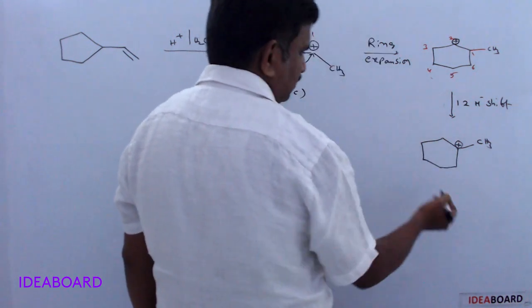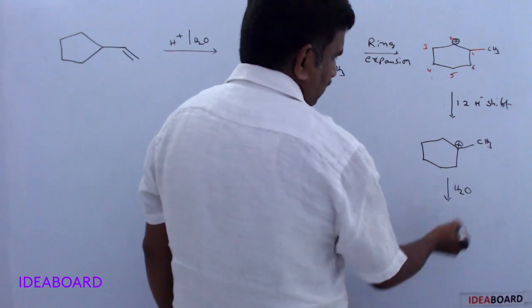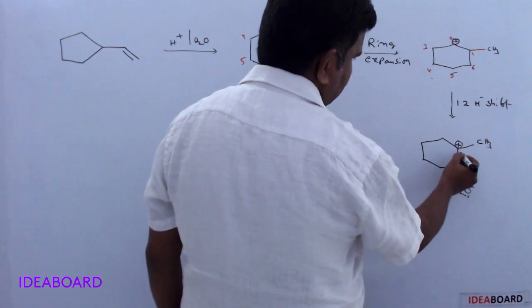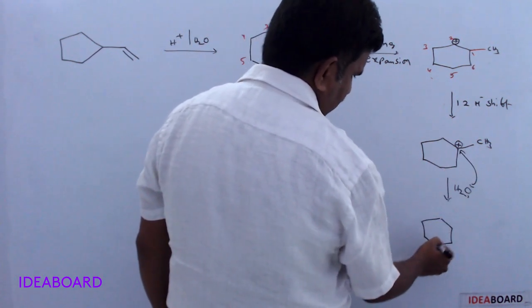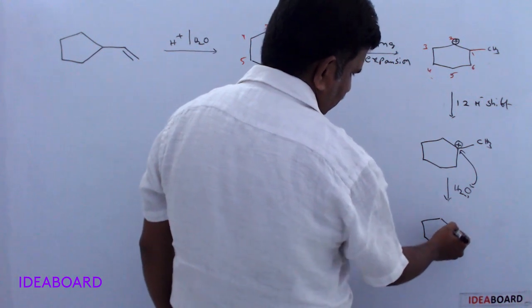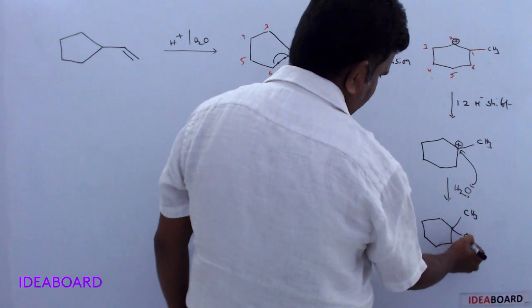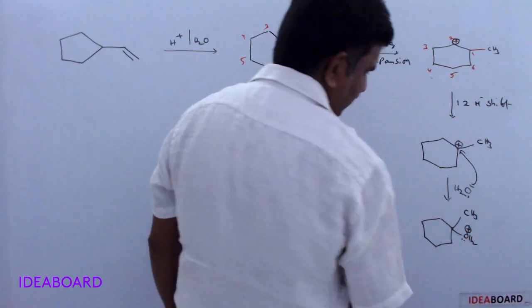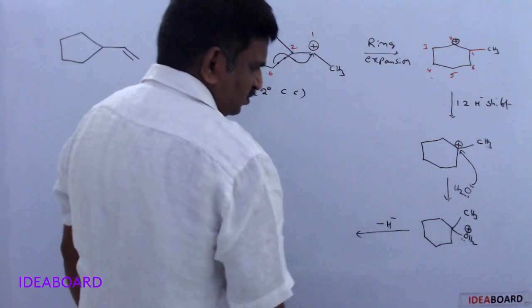Then we add H2O, and the lone pair of water attaches on this carbon atom. You get the product CH3, then OH2+ having one more lone pair, and this releases a proton.